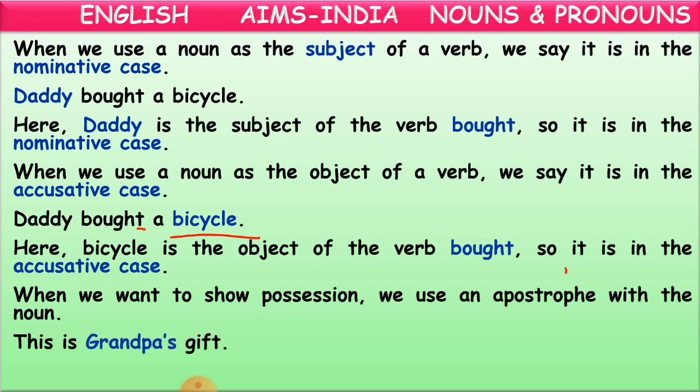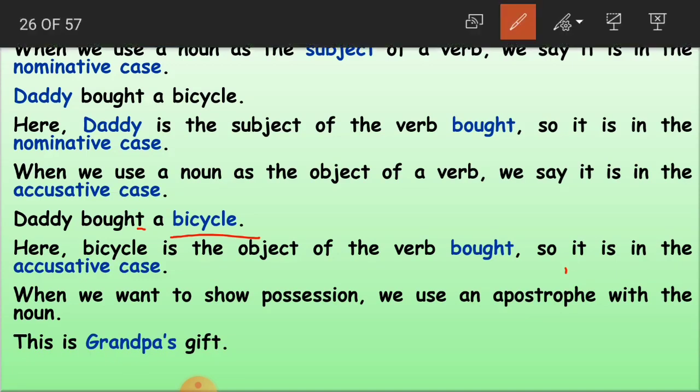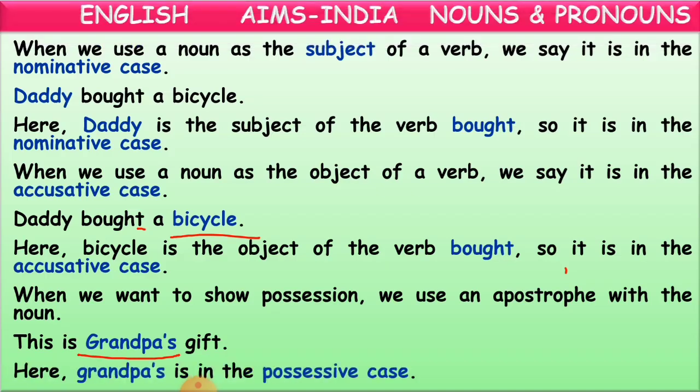This is grandpa's gift. Whose gift is that? It is grandpa's, in the sense that it belongs to grandpa. That is why this shows possession, and this is the possessive case.